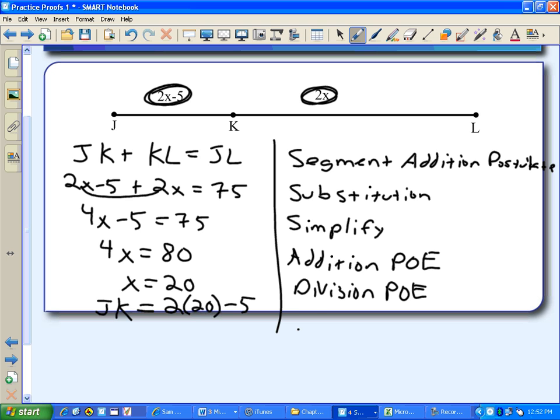I'm allowed to put 20 in place of x because I'm substituting. Substitution. And then I'm just going to simplify, so JK is really equal to 75. I'm simplifying.